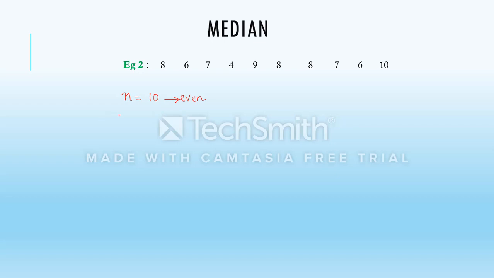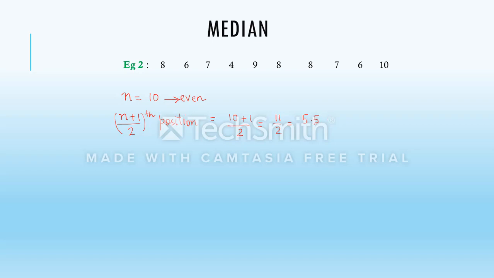The formula still remains the same. So we're going to be looking out for the value at the (n plus 1) over 2th position, which is 10 plus 1 over 2, 11 over 2, which is 5.5.